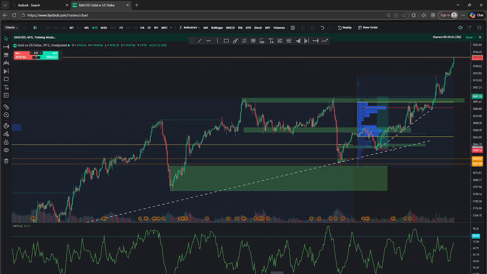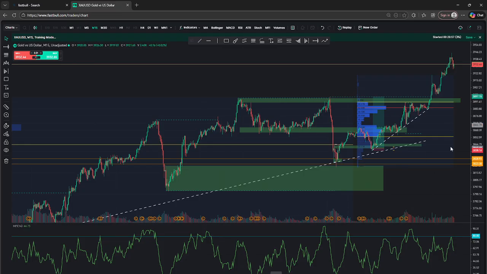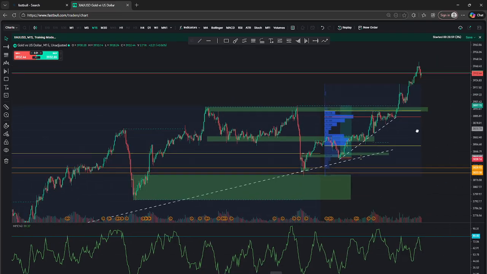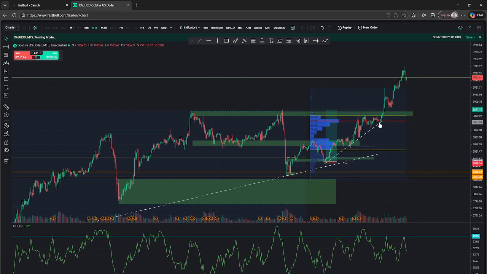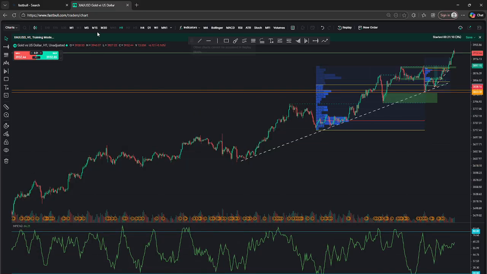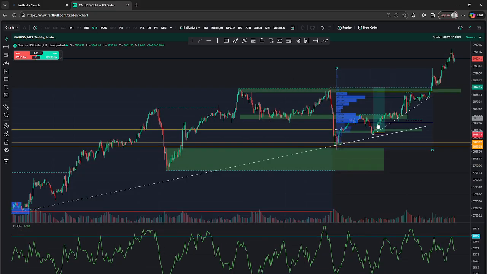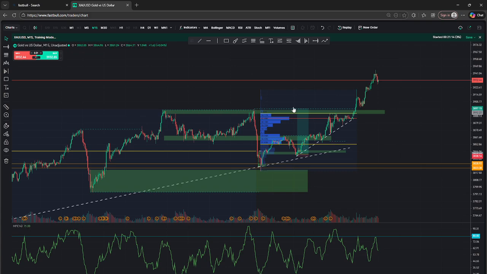We still moving higher. So this is the level that I'll be looking to get my trade from.